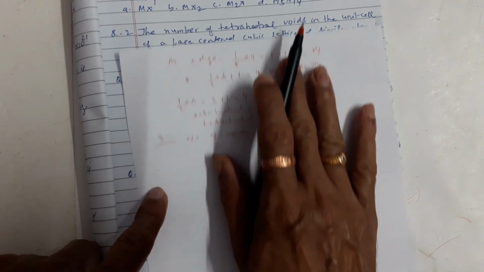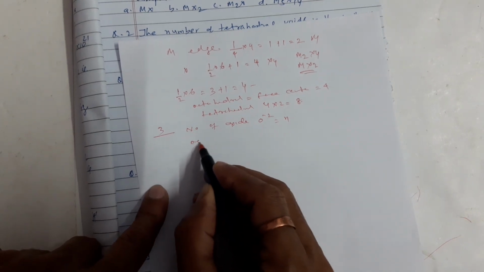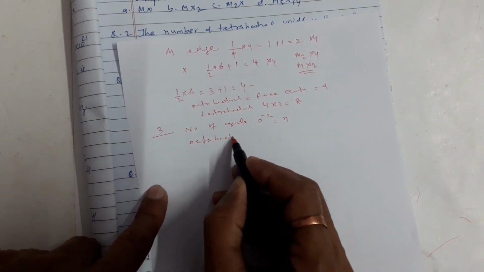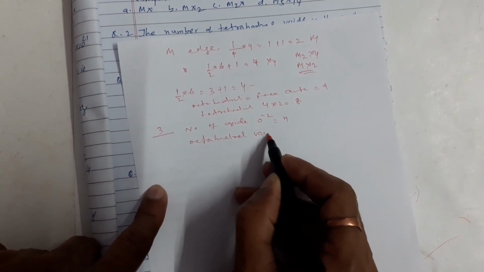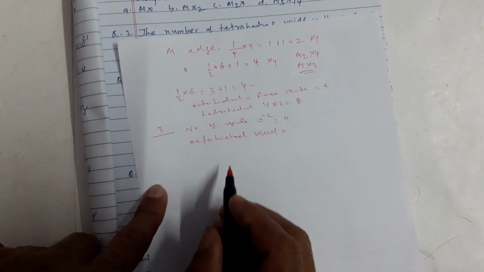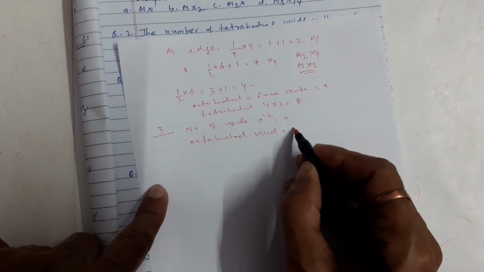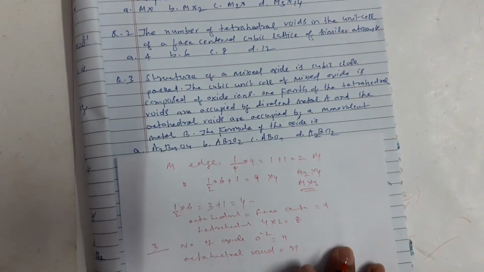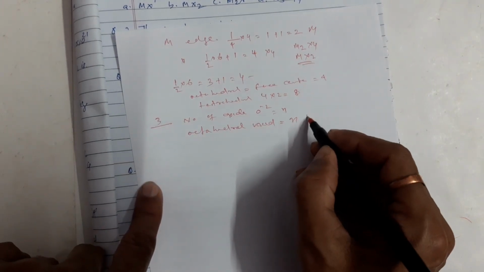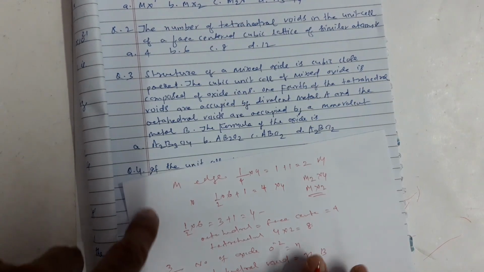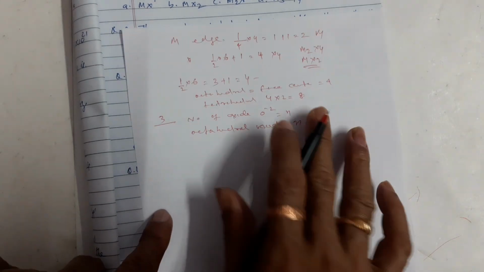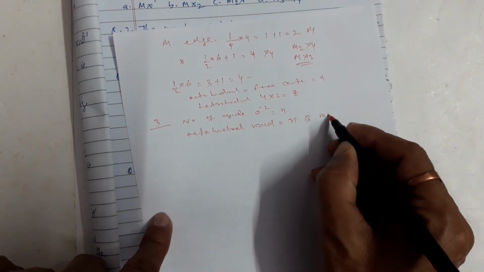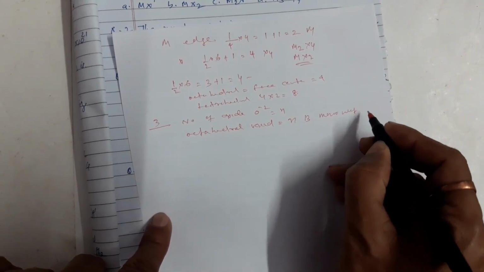So let us take octahedral voids. Oxide number is equal to octahedral voids, it is also N. So it is occupied by B, which is monovalent, valency 1.